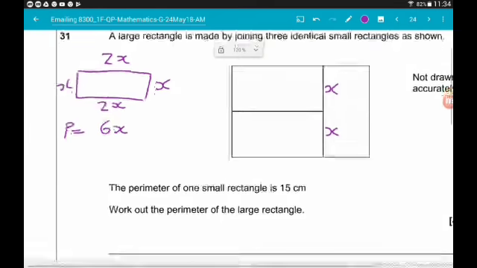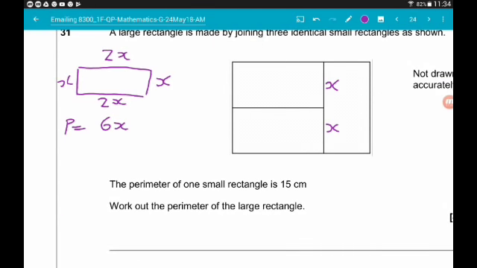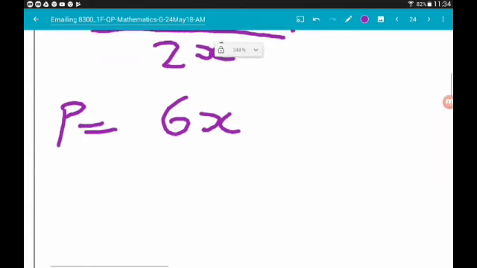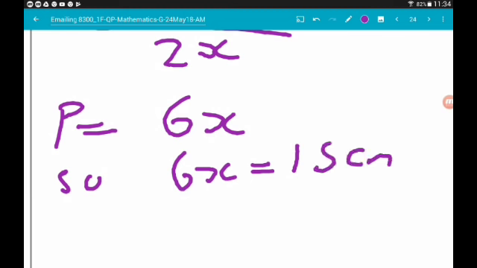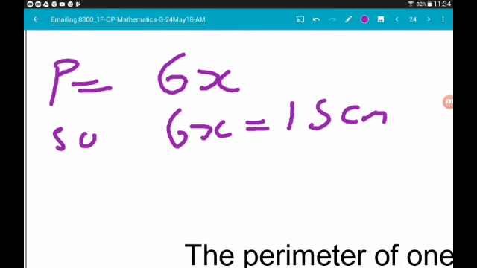Now the question told us that the perimeter of a small rectangle was equal to 15 centimetres. So 6x, which is the perimeter, is equal to 15, so we can actually work out the value of x.